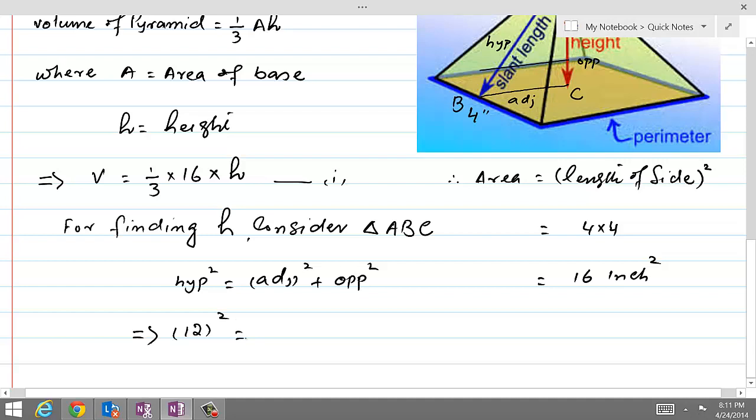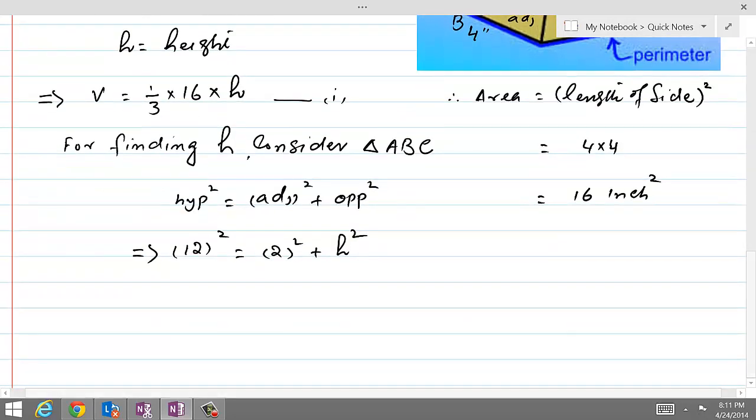Adjacent, which is the distance of the side from the center of the square, would be equal to 2. So this would be 2 squared plus height squared. Let's call this h. So h squared would be equal to 12 squared minus 2 squared, which is 144 minus 4.